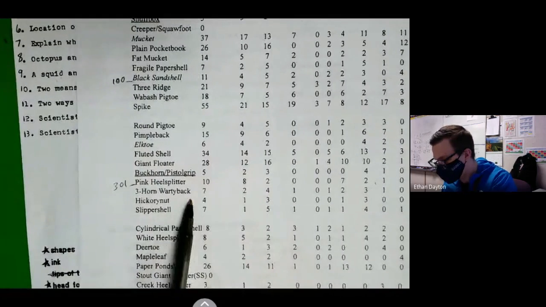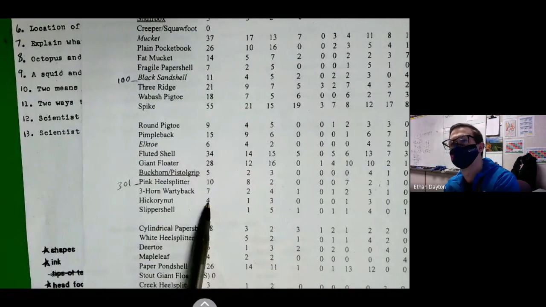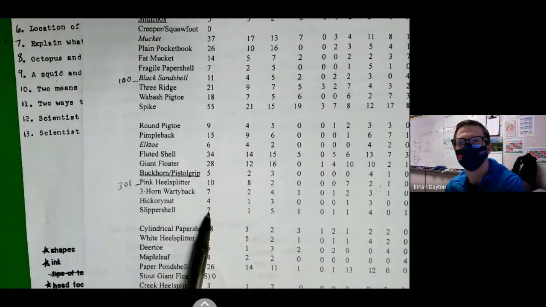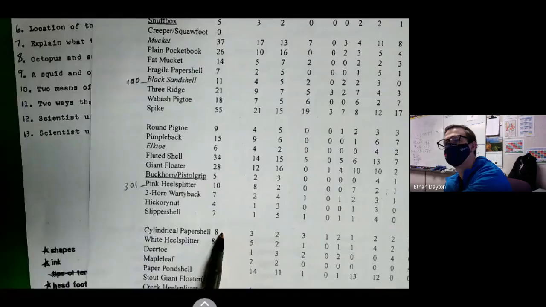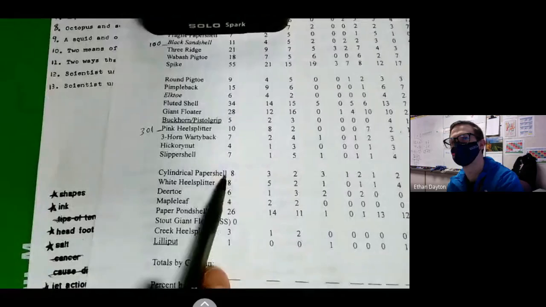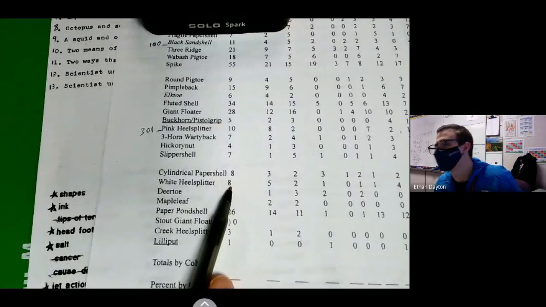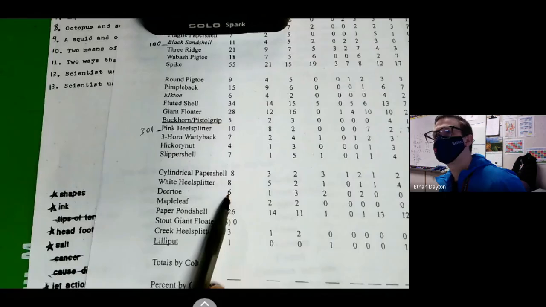All right. 301 plus 7 is 308. 308 plus 4 is 312. 312 plus 7 is 319. 319 plus 8 is 327. That's the cylindrical paper shell. 327 plus 8 is 335. Plus 6, 341.